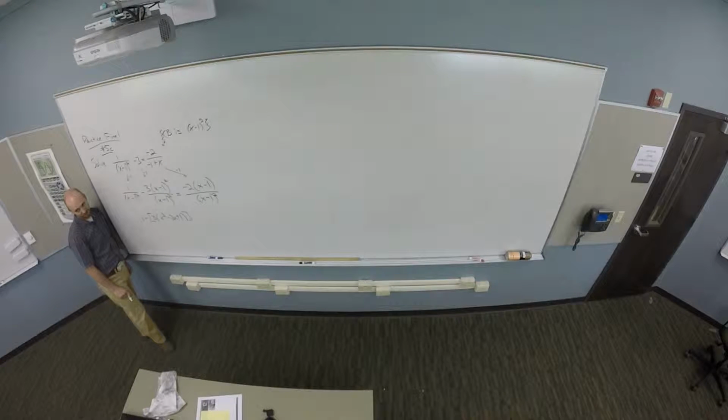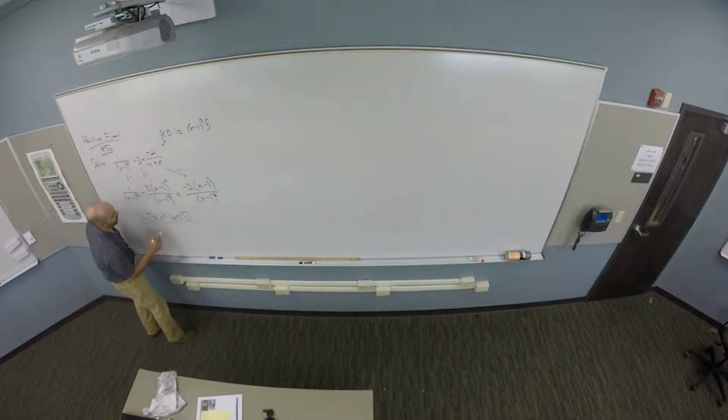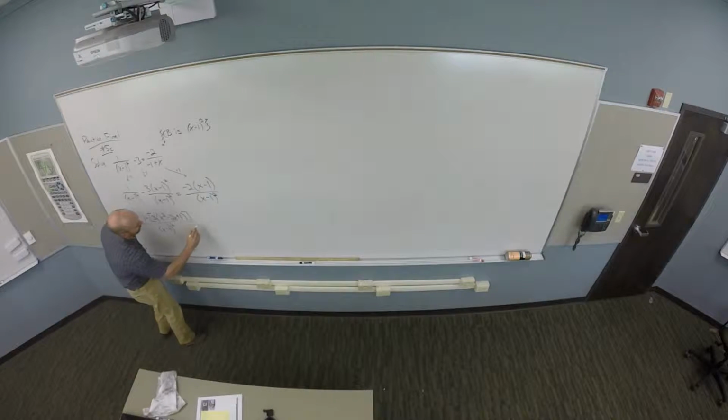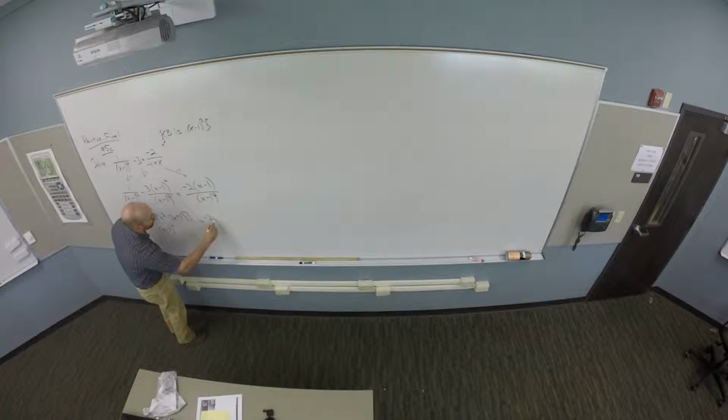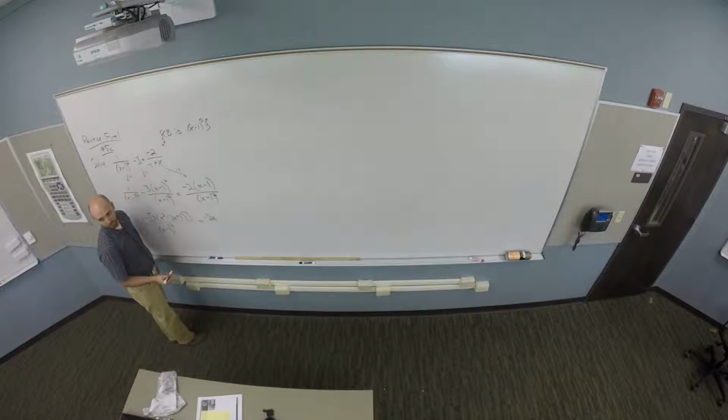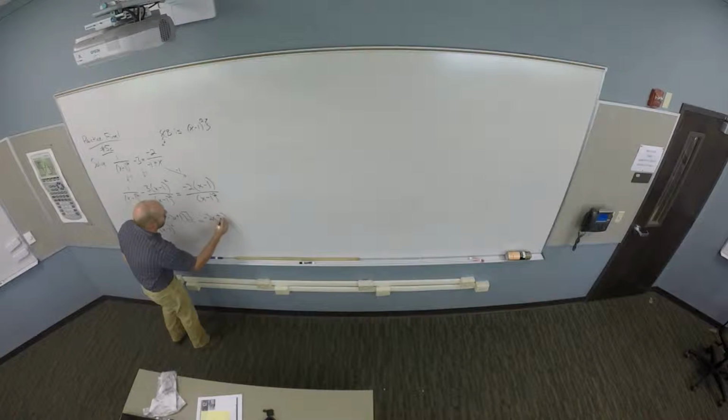Please don't tell me x squared minus 1 squared. Remember, you gotta FOIL that thing out. And then this is all over x minus 1 squared. And this is equal to minus 2x plus 2 over x minus 1 squared.